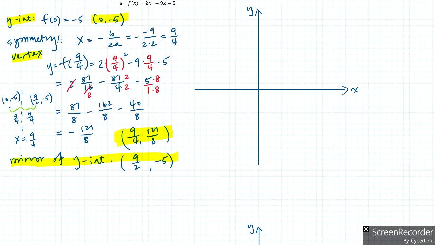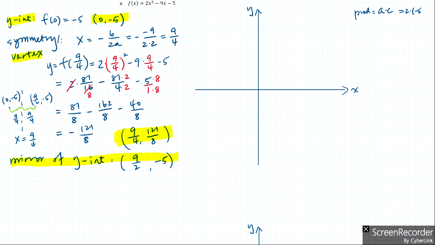To find the x-intercept, I will need to do it by grouping over here. And that tells me I want to use the AC method. So for the AC method, I want the product of the two numbers to be the product of a times c, which is 2 times -5, or -10.